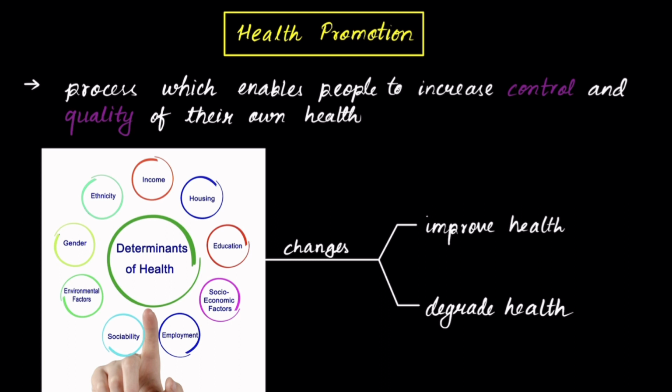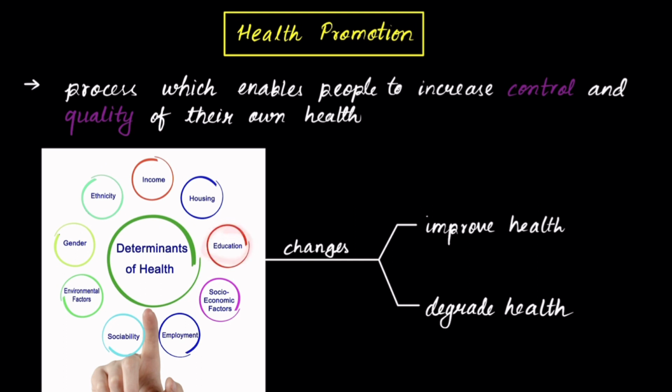This in turn increases your health status, and by doing all these activities, you're promoting your own health. But then let's say you are quite poor, you can't afford a good checkup, you can't even afford good food. This in turn degrades your health, and you are unable to promote your health.